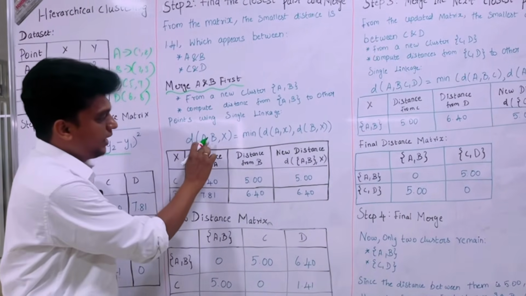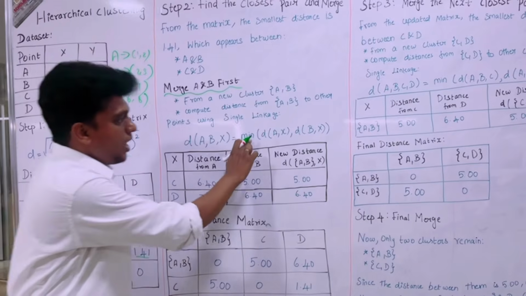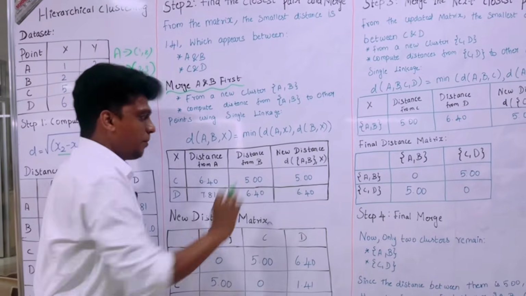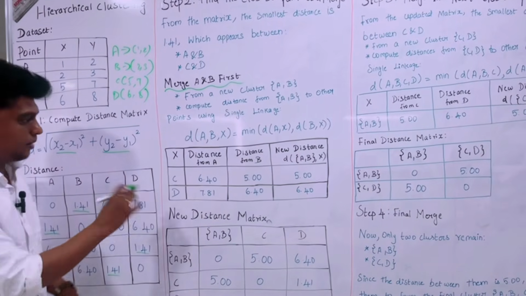The distance between A, B and X is equal to the minimum of the distance of A, X and the distance of B, X. Here we can see how it can be calculated.